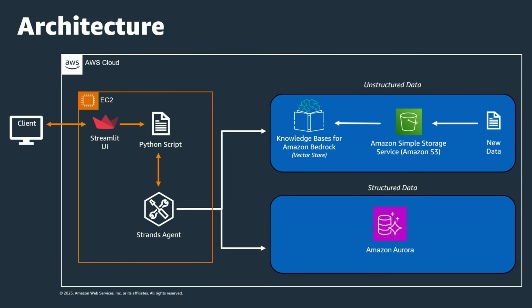One is the unstructured data, shown in the top yellow pane of the architecture diagram, which will come from Bedrock knowledge bases. I'll talk a little more about Bedrock knowledge bases on one slide. And then the structured data, which will come from an Aurora database.